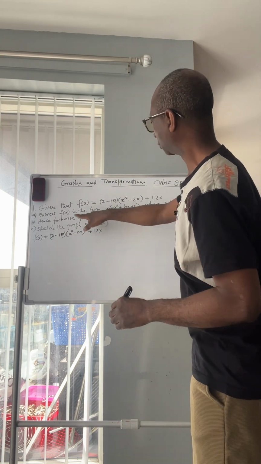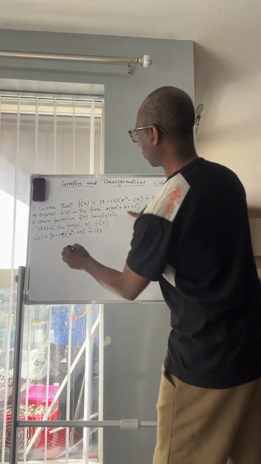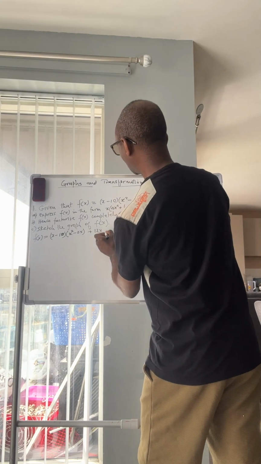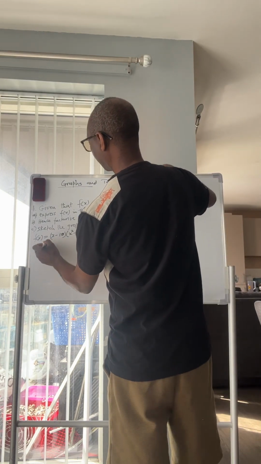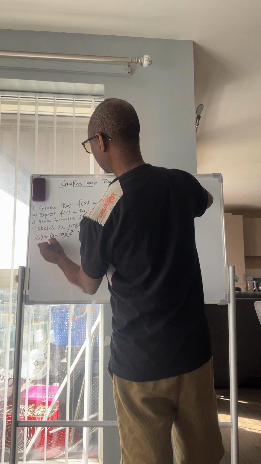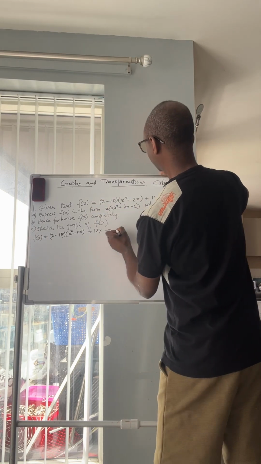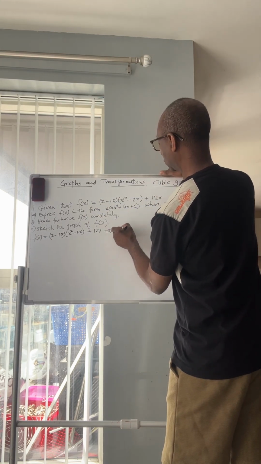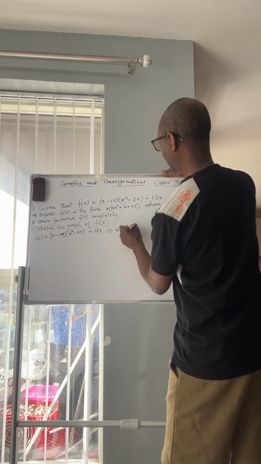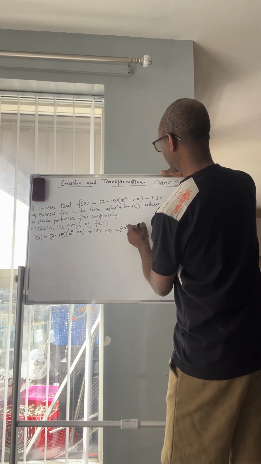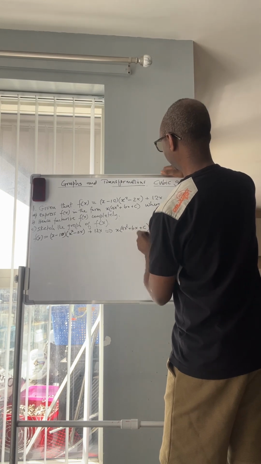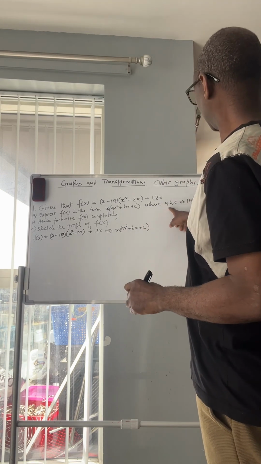They want you to express it in this format, x into ax squared plus bx plus c, and you find the values of a, b, and c.